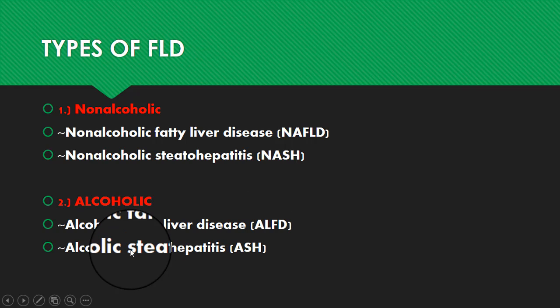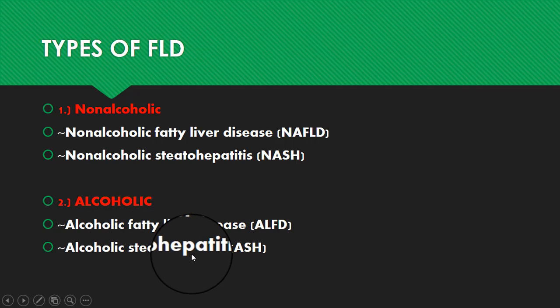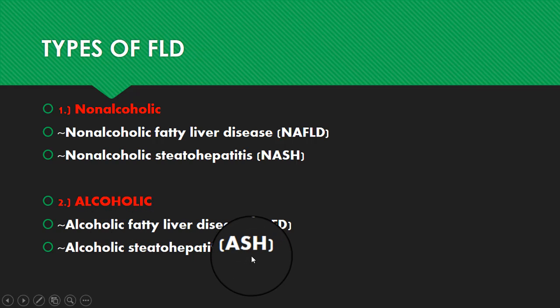Now the next subtype of alcoholic liver disease, that is alcoholic steatohepatitis, that is ASH. Let's talk about it. Alcoholic steatohepatitis is a type of alcoholic fatty liver disease, and it happens when a build-up of excess fat in the liver is accompanied by liver inflammation, and this is also known as alcoholic hepatitis.